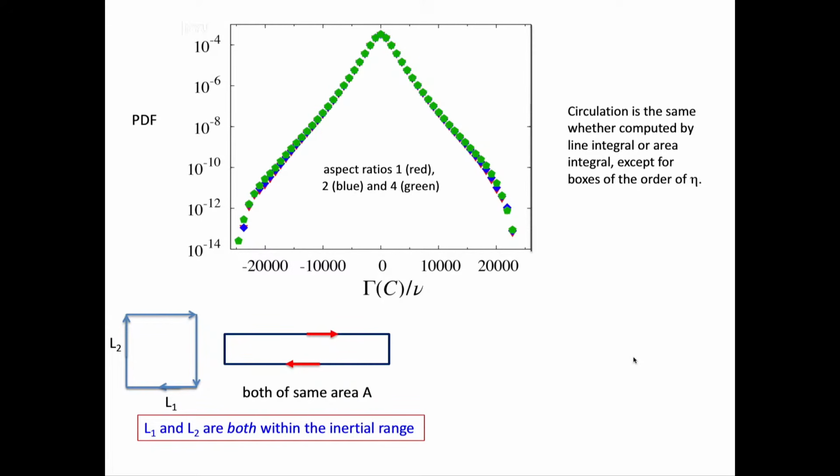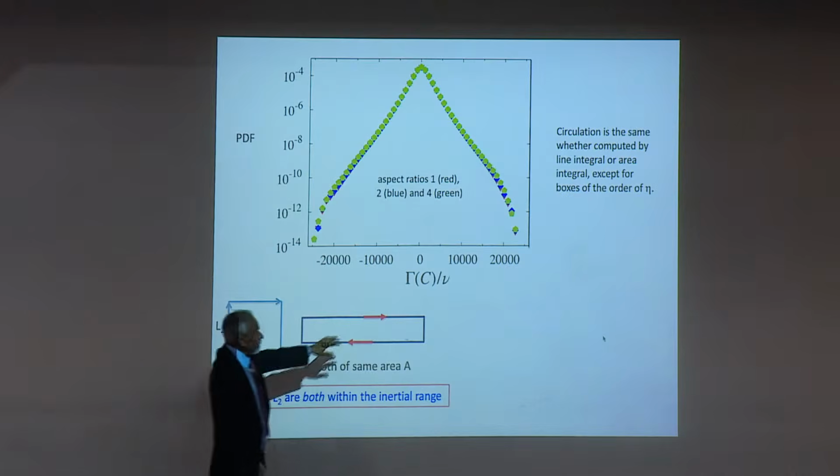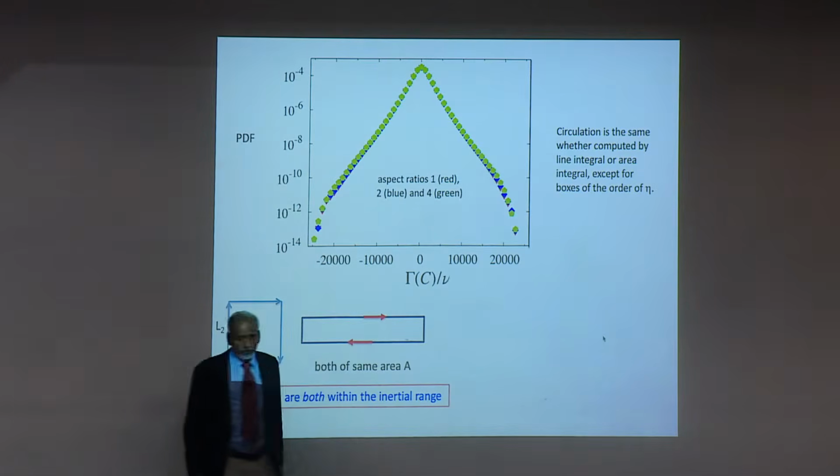You can see that for all three boxes, you are getting the same distribution. Also notice on the vertical axis is the probability density function, which goes by about, let's say, 8 to 10 orders of magnitude.